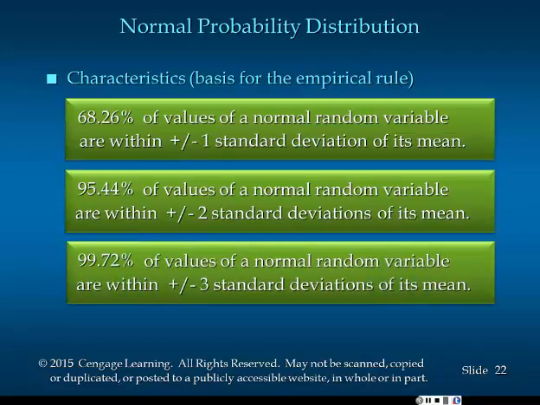And within 3 standard deviations of the mean, we have 99.72% of the data falling within that range. Why is that important? It means that we don't really have to care about negative infinity or positive infinity. The likelihood of those events are so small, as if they're not even there. They're so tiny, we shouldn't have to worry about that.